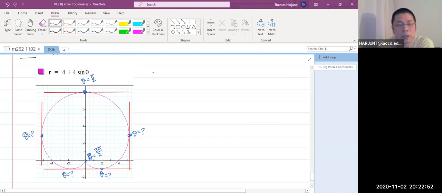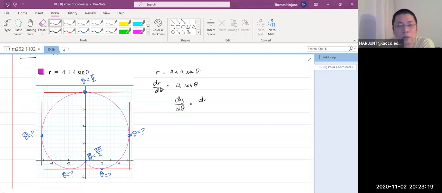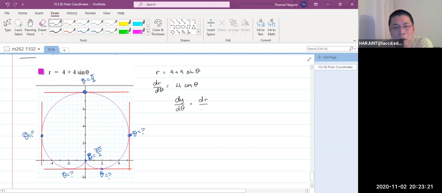Okay, so let's go. r equals 4 plus 4 sine theta. So dr/d theta equals 4 cosine theta. Then dy/d theta equals, let me write it down first, dr/d theta sine theta plus r cosine theta.